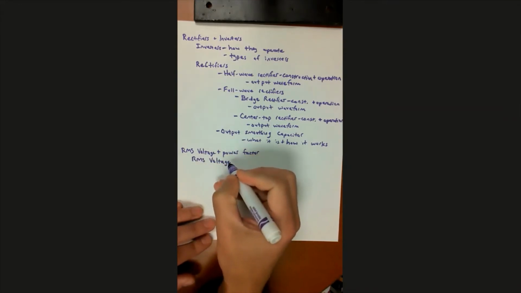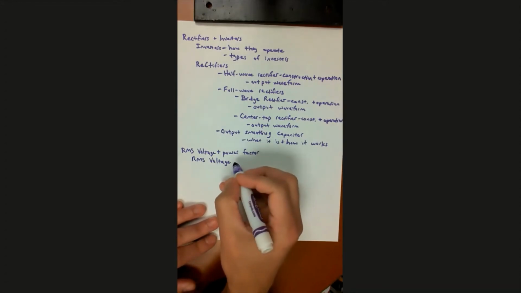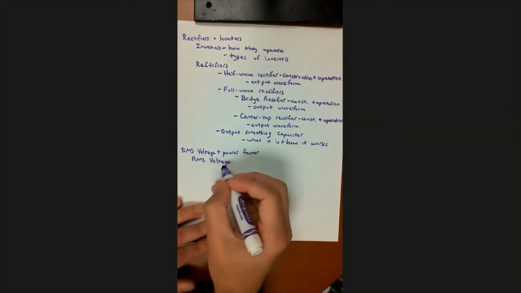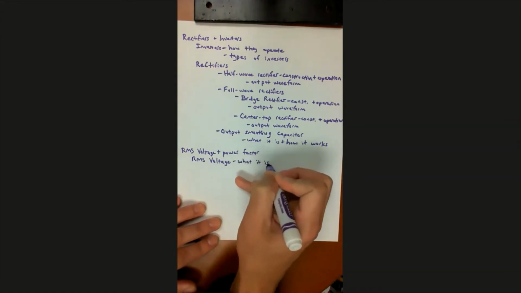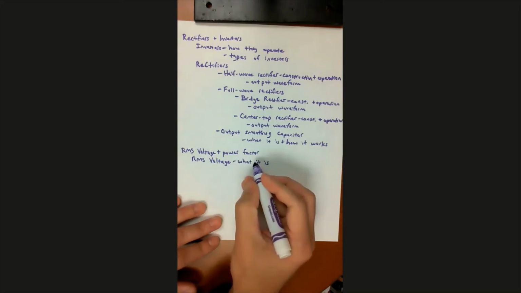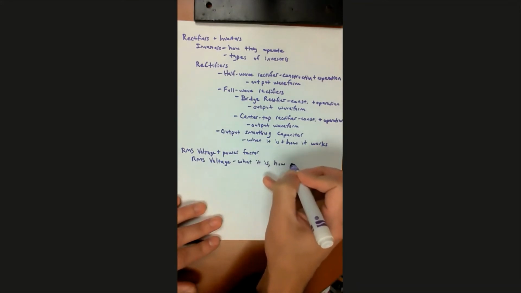So I'm not going to ask you to derive it. Remember, we actually kind of derived it in the presentation last time, but I'm not going to ask you to derive it. I'm just going to ask you to know what it is and how to do some calculations with it. So what it is, you should definitely know the definition of what it is and how to use it.